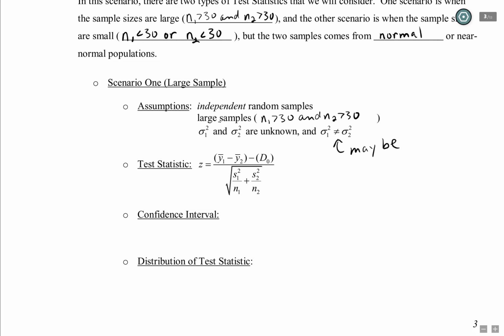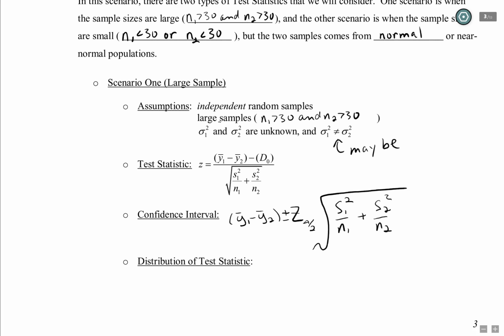The corresponding confidence interval you probably could write down without my help: it's the difference of the sample means plus or minus the standard percentile times the square root of S1 squared over N1 plus S2 squared over N2.